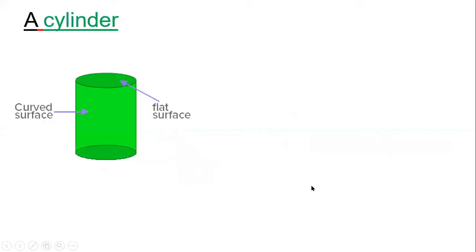Okay, now we look at a cylinder. A cylinder has got two flat faces. There is this one, and then we have this one.